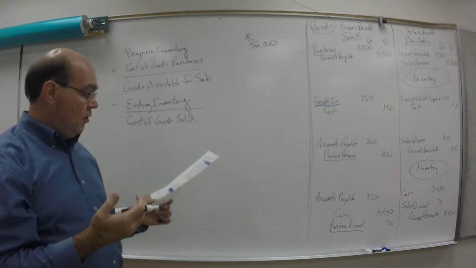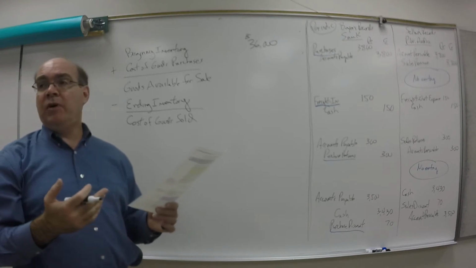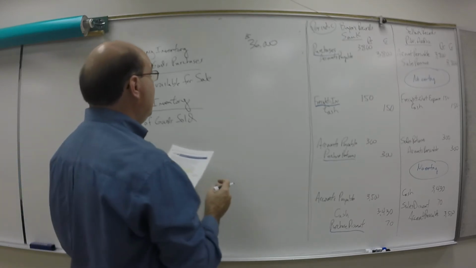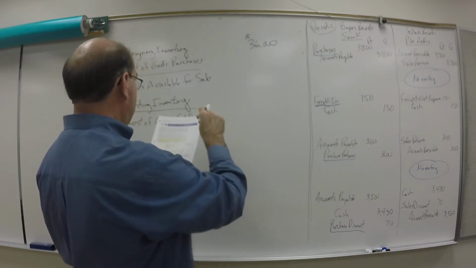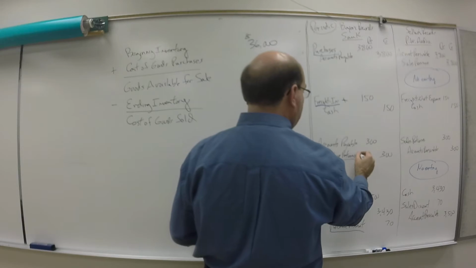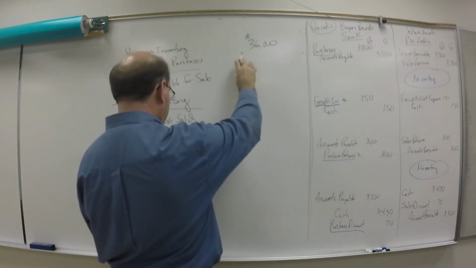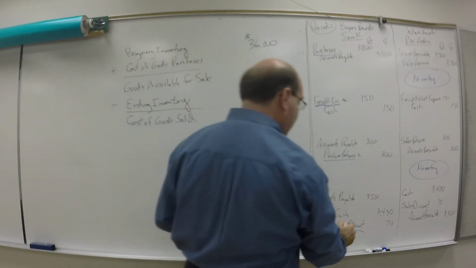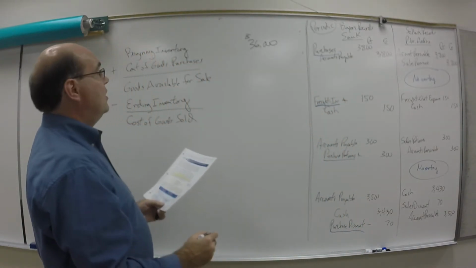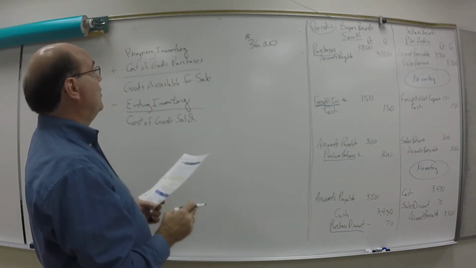They add freight in at the bottom. I've seen it both ways. I don't care how you do it. I'm just going to show it at the macro level here.